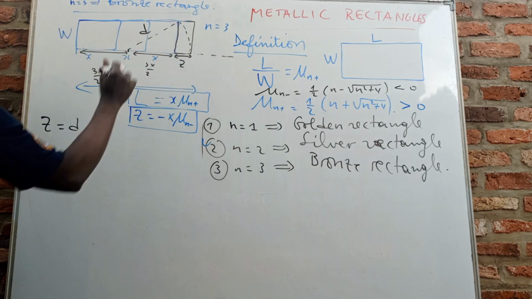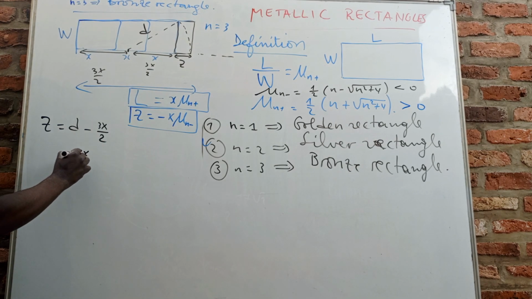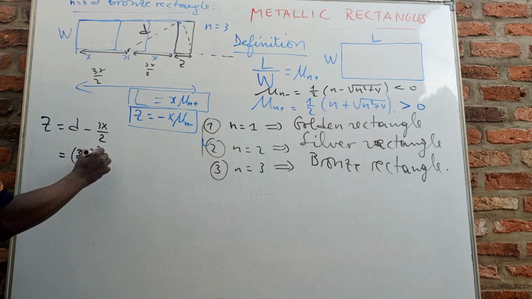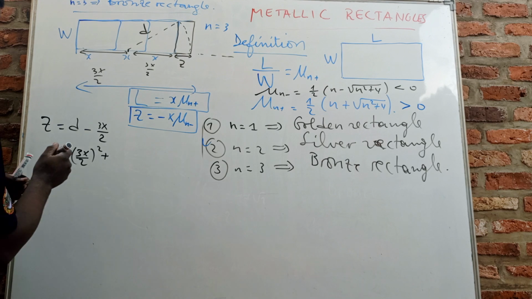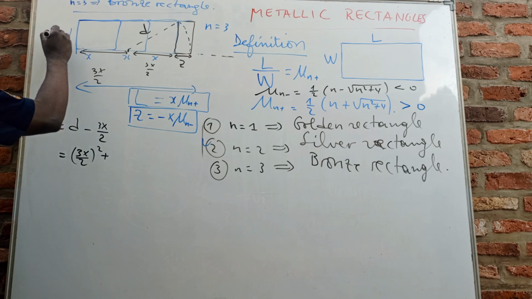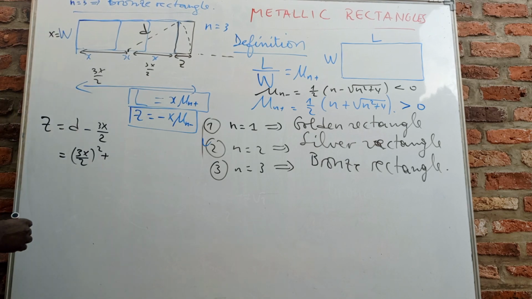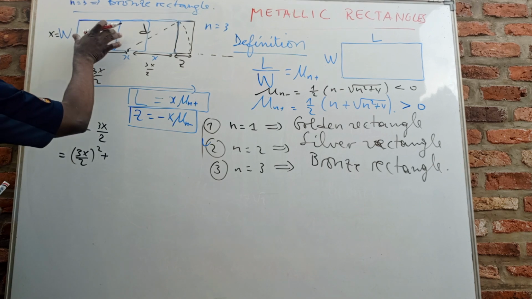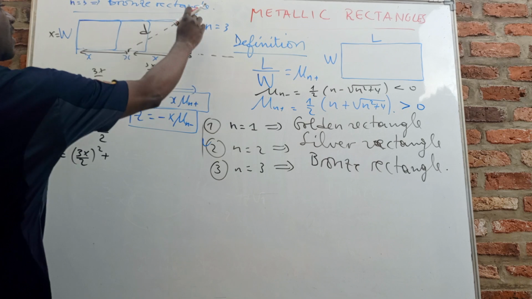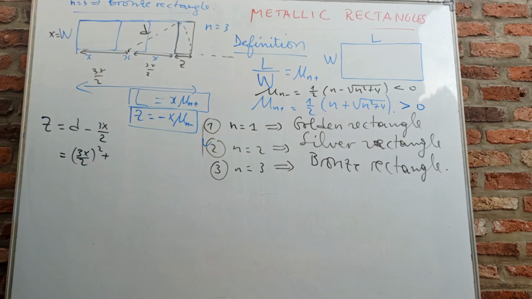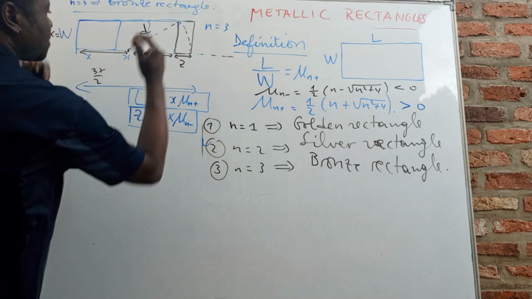From Pythagoras, this is (3x over 2) to the power 2 plus this side, which must be x, because this is a square, this is a square, this is a square, 3 squares, and then we add an additional metallic rectangle, which will also be the same.